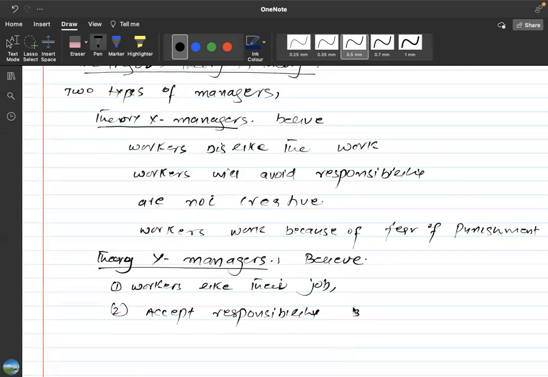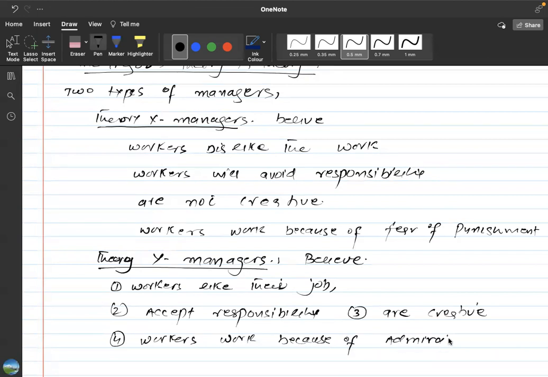Third, workers are creative. And fourth, workers work because of admiration and achievement.